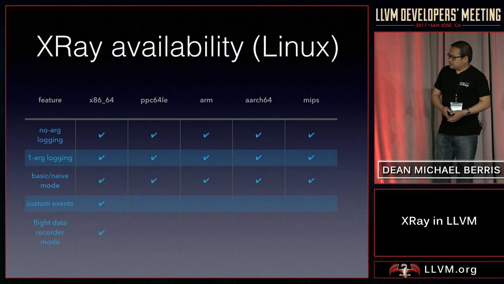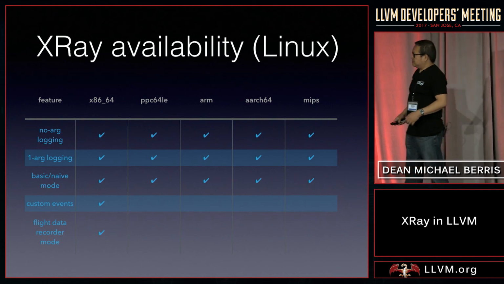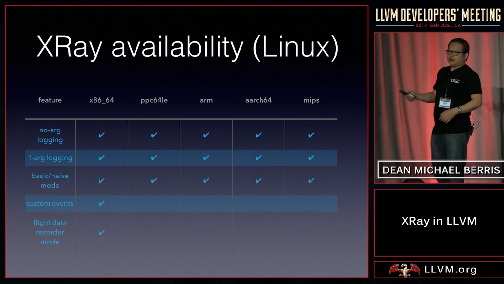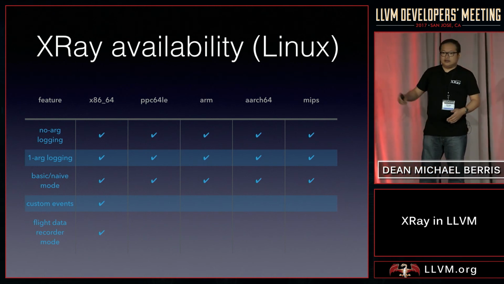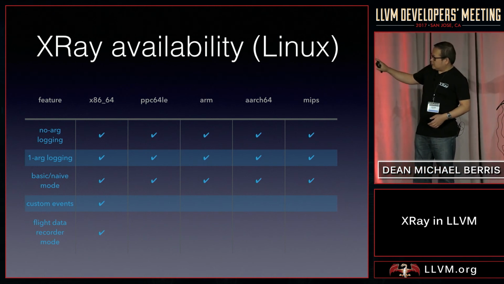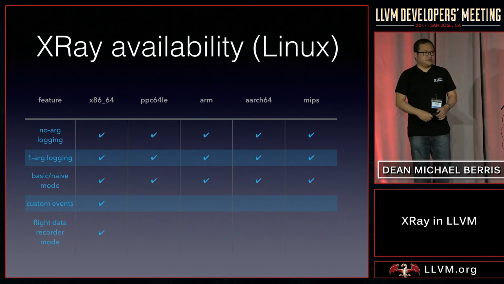So this is available in Linux. In these platforms, not the best slide ever, but x86-64 has all the features. That's our primary platform we develop on. And there's PowerPC, ARM, ARM64, and most of the variants of MIPS.